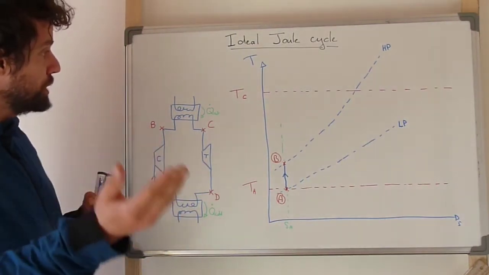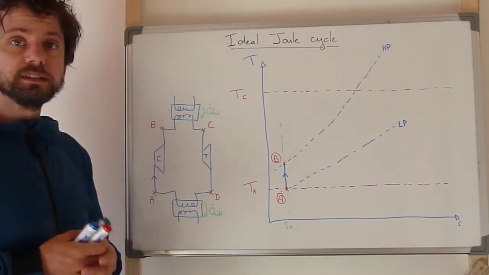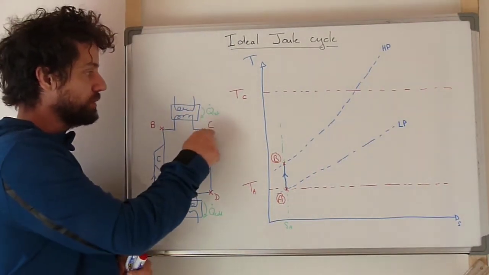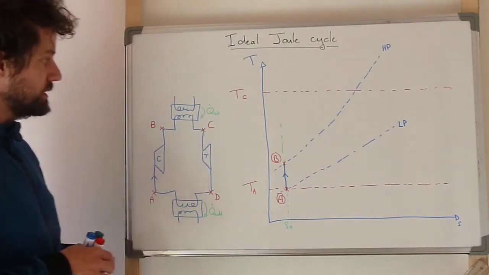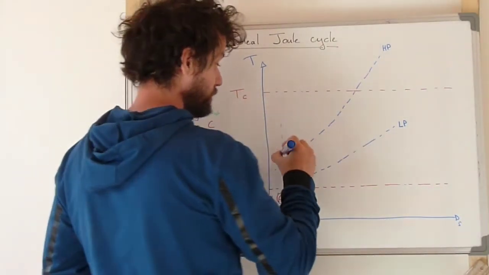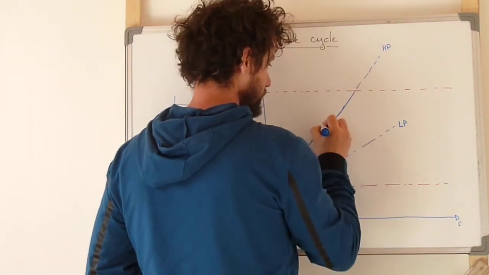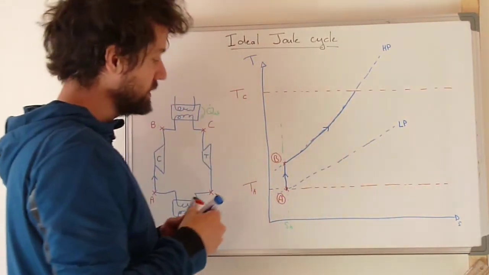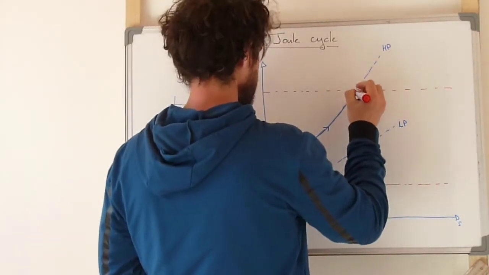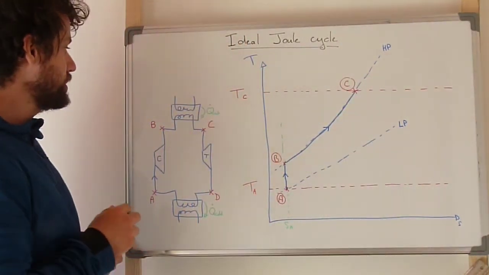So the entropy and also the temperature of the fluid will increase across this heat exchanger until the highest temperature of the cycle, that is the temperature of point C. So at constant pressure corresponding to high pressure, here the temperature is increased until the temperature of point C. So that's the highest temperature of the cycle.